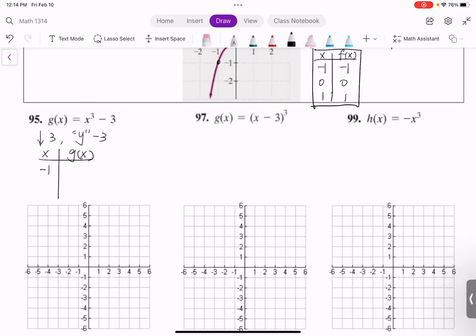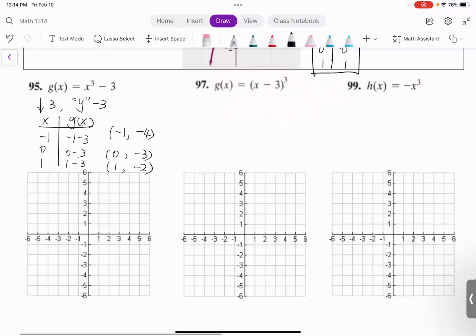X doesn't change. Copy down all the x values. And the y part, y -3: -1 -3, 0 -3, 1 -3. And then the new key points, they are -1, -4, 0, -3, 1, -2.